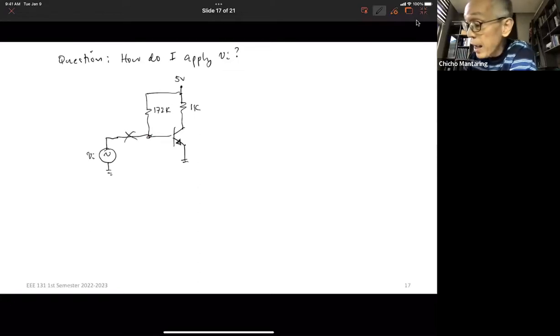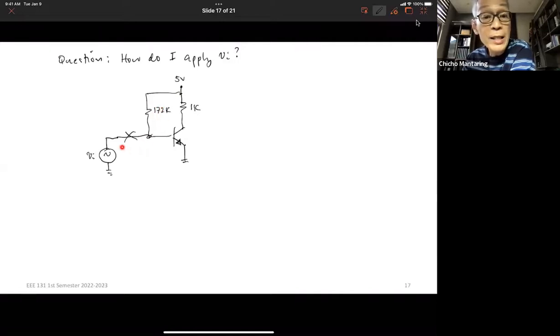Why? Because if I do that, this is going to affect the current flowing here. Using node voltage, my current here would be 5 volts minus vi divided by 172. That's going to affect the current flowing here.